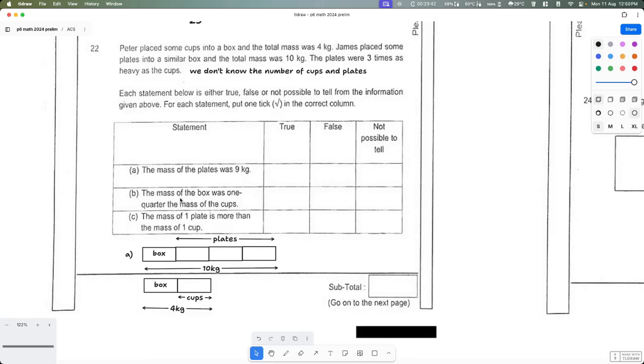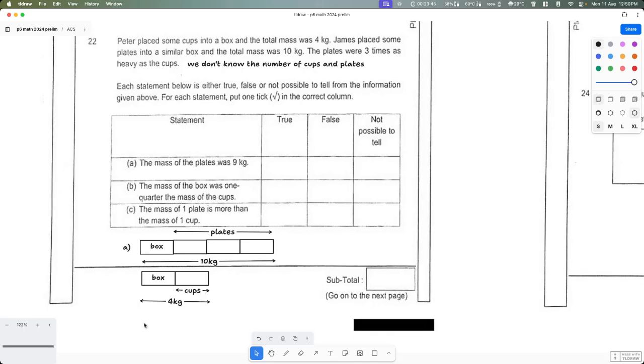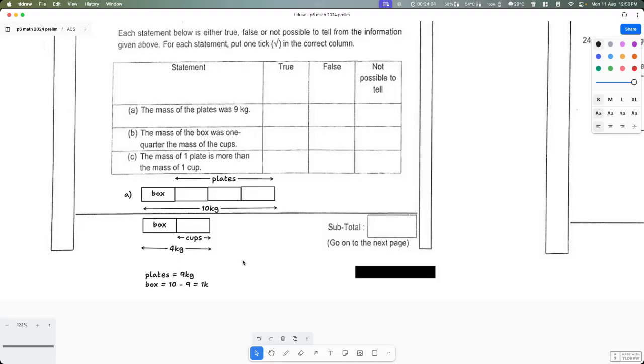So if plates is 9 kg, that means box with plates equals 9 kg. That means the box is equal to 10 minus 9, which is 1 kg. With that said, cups is equal to 4 minus 1, which is 3 kg.